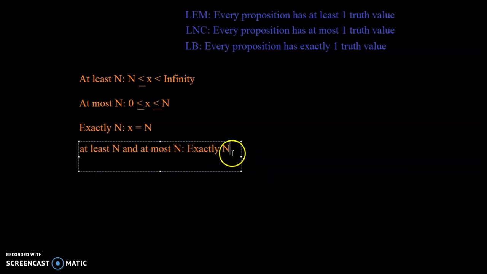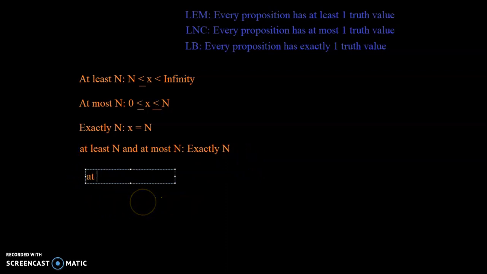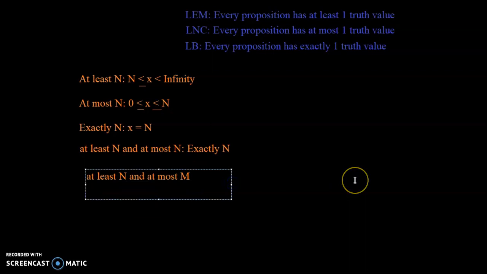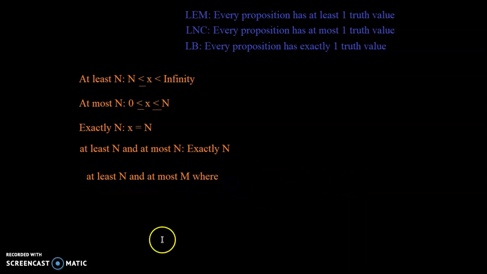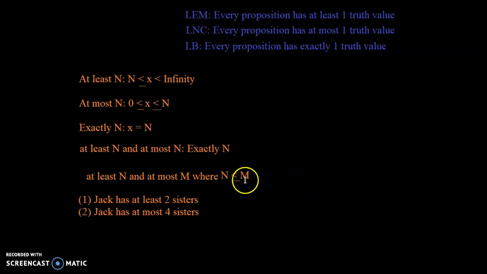Now, interestingly, you can also try some combinations where you have, let's say, at least n and at most m, where n is not equal to m, and in particular where n is less than m, which is really what I have in mind here.